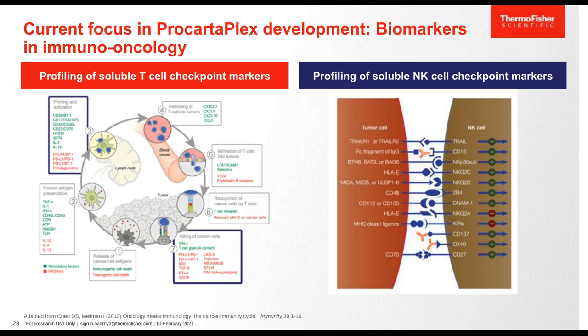Similar regulatory processes and checkpoints can also be found during innate immune cell activation, including natural killer cells, as depicted in the graph on the right. So a lot of receptor-ligand interactions are to be explored here, as well as potential therapeutic targets that might mediate anti-cancer immune responses, in addition to the important role of the adaptive immunity.